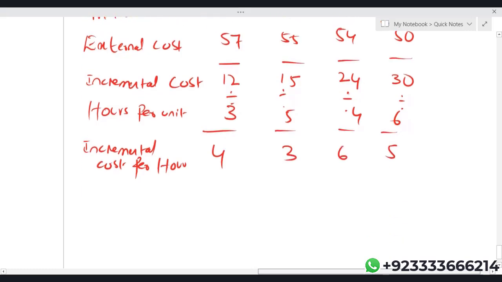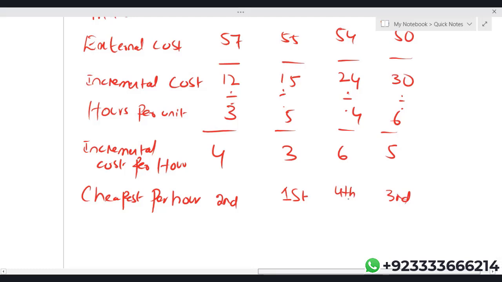Now ranking will be on the basis of cheapest per hour. First of all, you should buy externally M, then go for L, then go for P, and finally N. Where you have incremental cost per hour lowest, that is the cheapest per limiting factor. So always start buying from the product which is cheapest per limiting factor, and that is M.